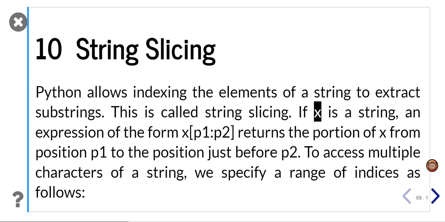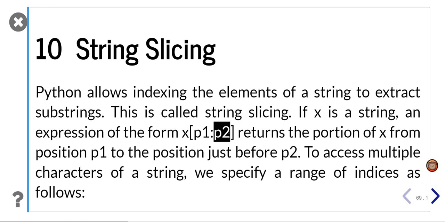So just now we defined x as a string. If you want to express it in this form, x[p1:p2], it means you will display the letters from the string x from index p1 until the index before index p2.